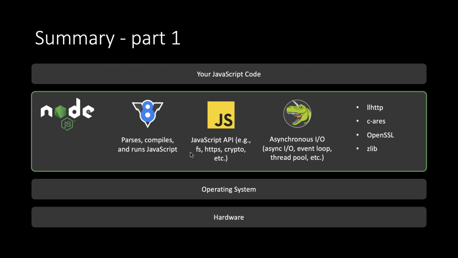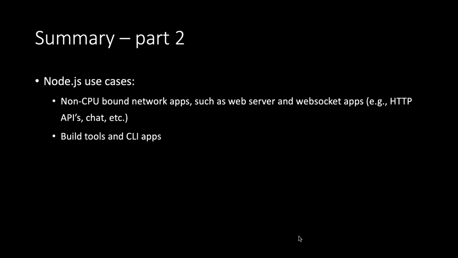Node.js includes a JavaScript API. Basically, it's the Node.js standard library. Basically, Node.js is an intermediary between your JavaScript code and the operating system. Node.js use cases are non-CPU-bound network applications such as web servers and WebSocket applications like HTTP APIs, chat, etc., build tools, and CLI apps.